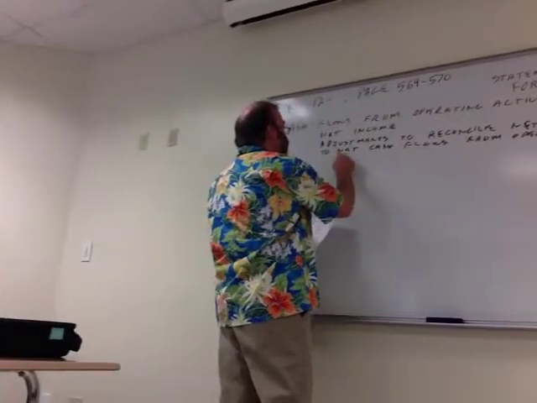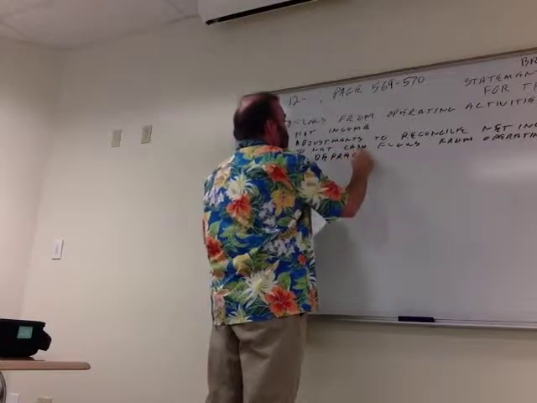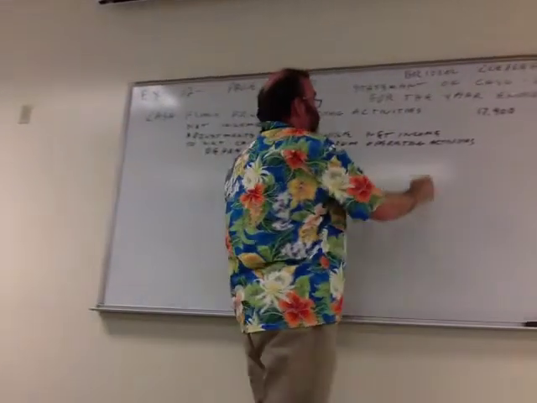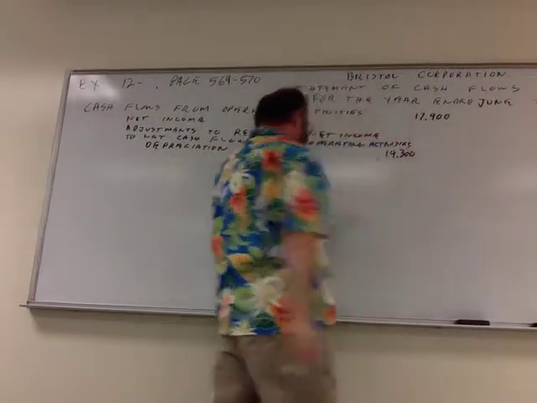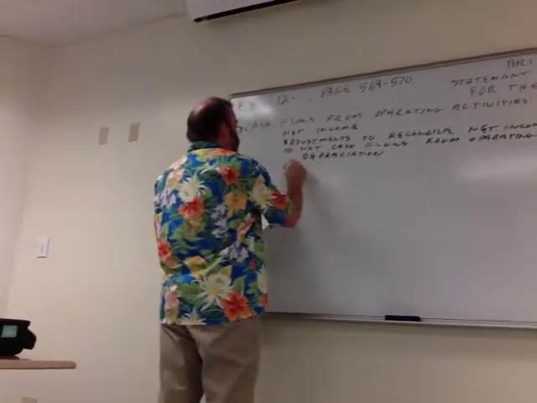And it tells us that we recorded depreciation for the year on the furniture that we owned of $19,300. We'll stop right there. So we have a depreciation adjustment of $19,300. We then need to do our changes.